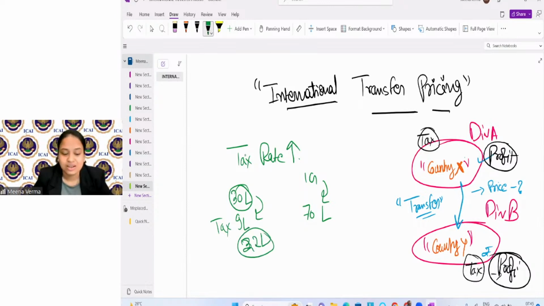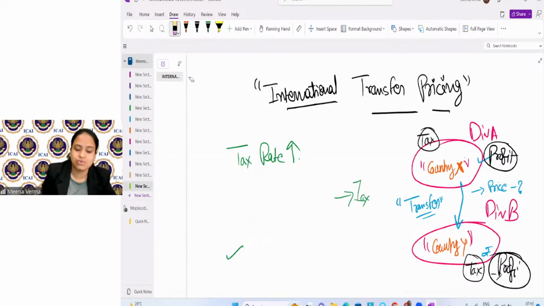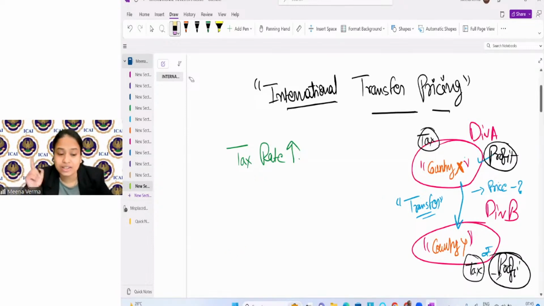Not good, huh? You can imagine the scenario. Someone is earning this, but he's receiving this. Remaining is what? Tax. So the point is, how to deal with the tax provisions. What they have decided is, if in a country the tax rate is high, we want to decide the transfer pricing in such a way that the profit is less.